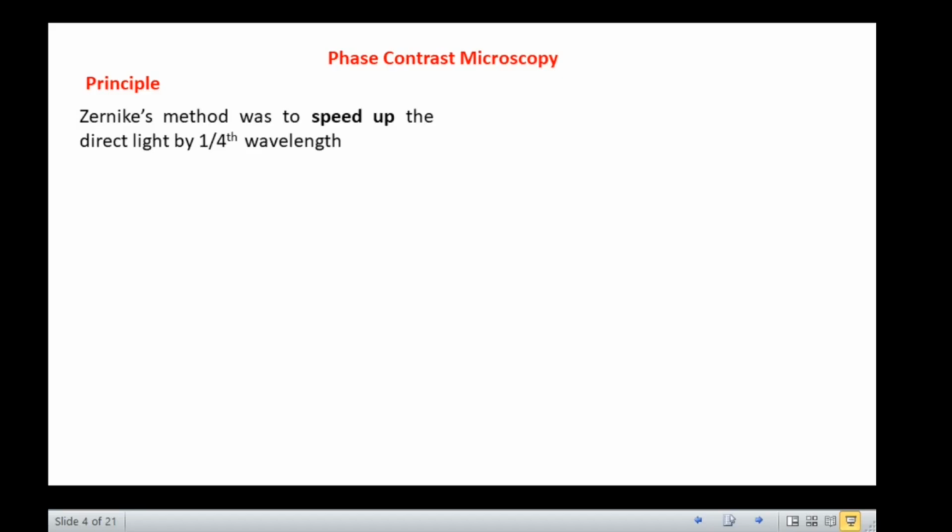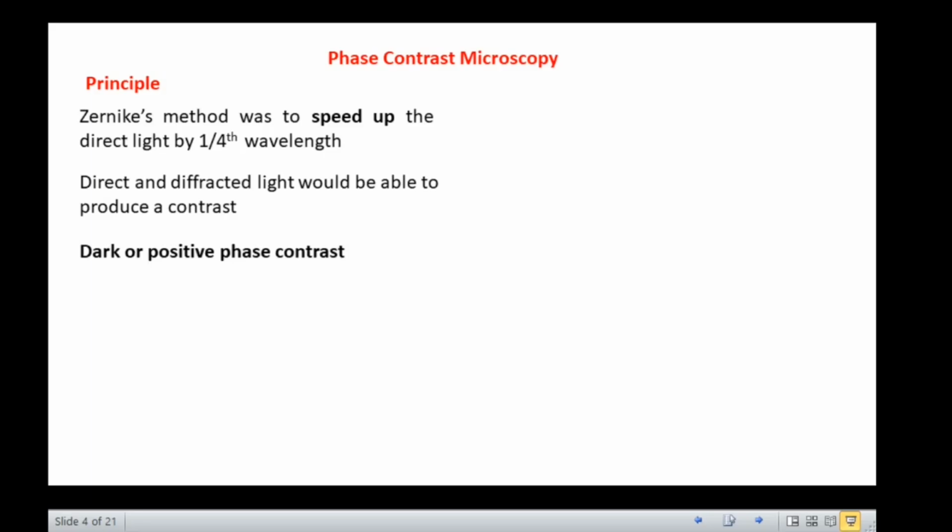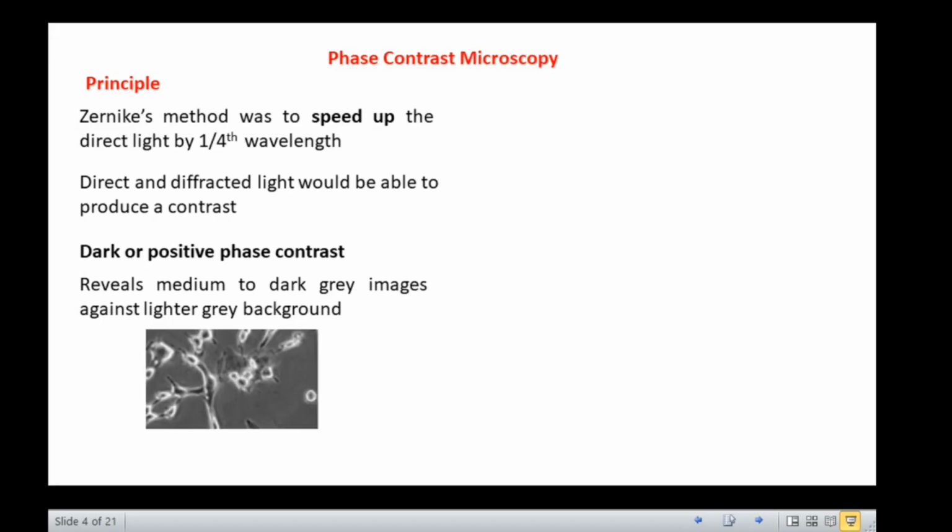As a result, the direct and diffracted light arriving at the image level of the eyepiece would be able to produce a contrast. This is called dark or positive phase contrast. Positive phase contrast reveals medium to dark gray images against a lighter gray background. These images often have a bright halo along the edge of the image.